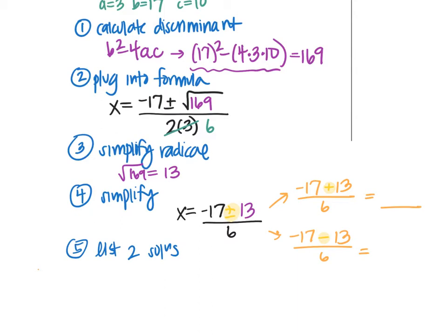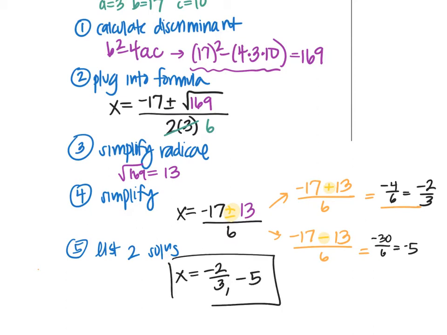And what am I going to do here? So negative 17 plus 13 gives negative 4 over 6, which is negative 2/3. And then here we have negative 30 over 6, which is negative 5. So my two solutions are negative 2/3 and negative 5.